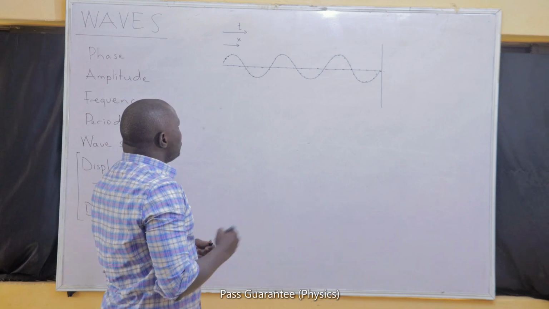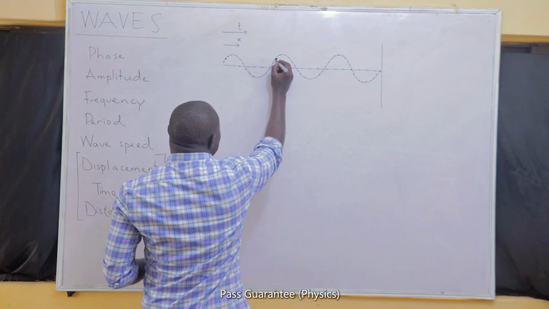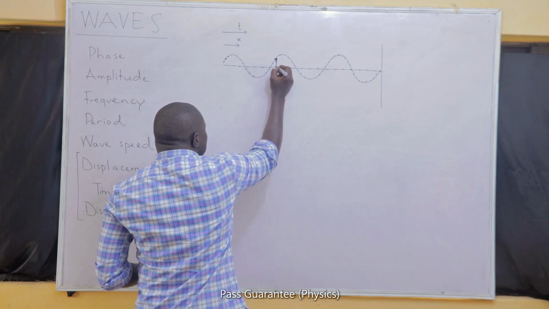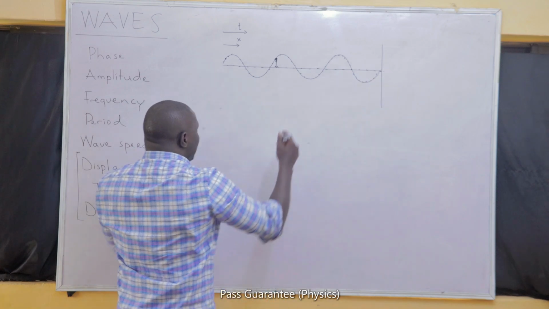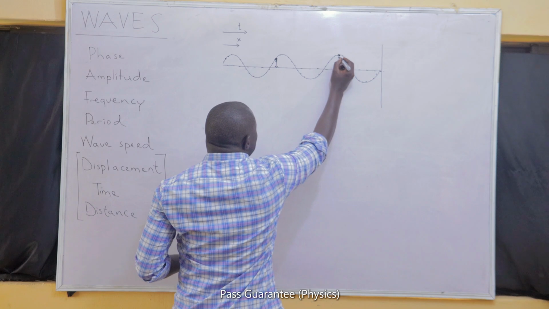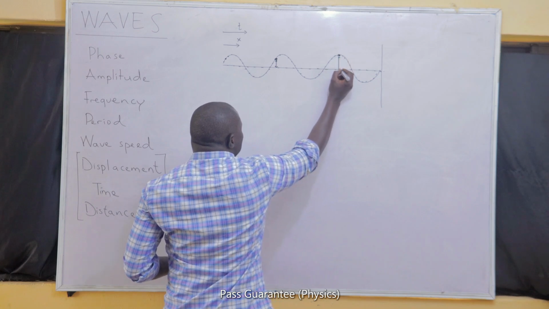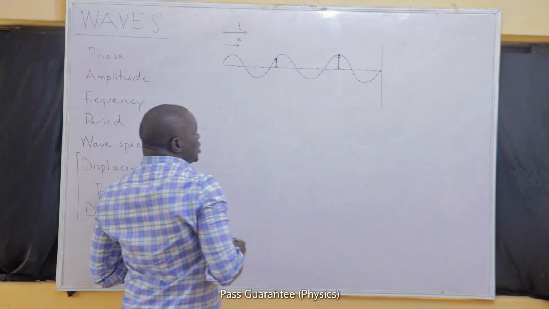How do we measure their displacement? The displacement of each point is how far that point is from the rest line, from the rest position. If I pick a point, the distance of that point from its rest line is called the displacement.